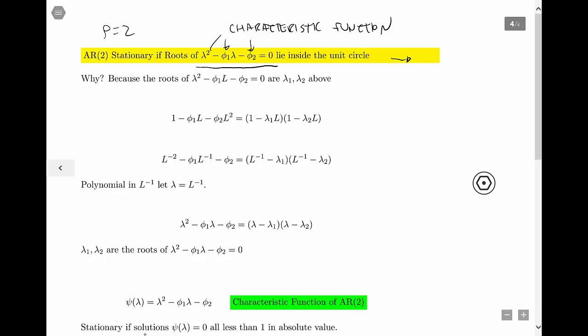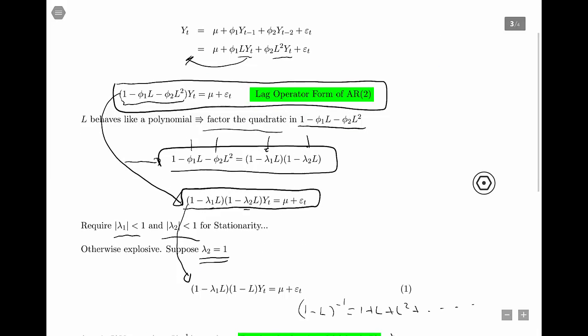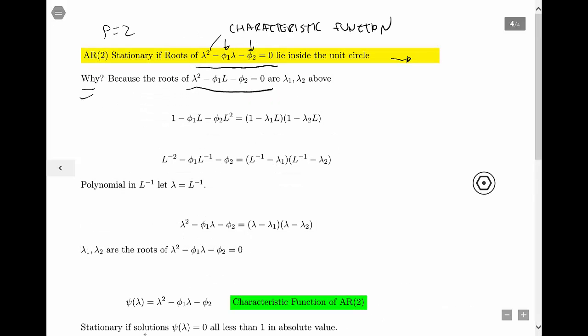And why is this? Well, it turns out that the roots of this equation are exactly the roots we found before when we went from here to here. When we gave the general result that for any phi1 and phi2 we can always factorize this for some roots, we're going to show that finding the roots of this characteristic equation turns out to give the same thing.